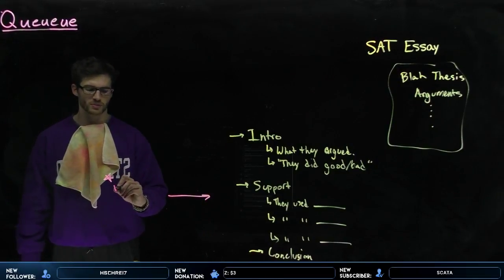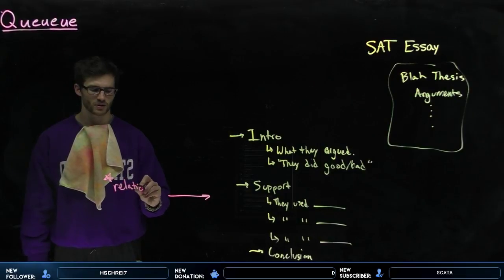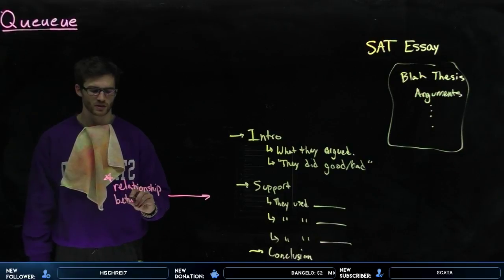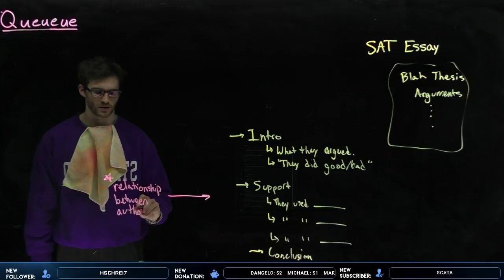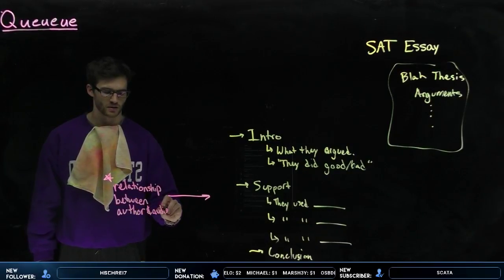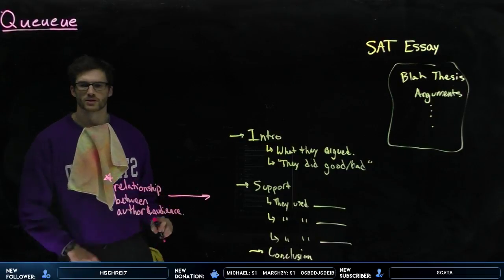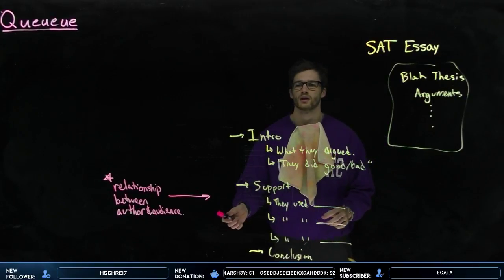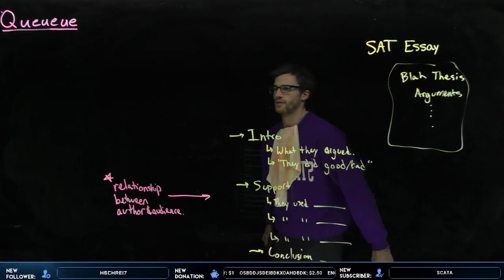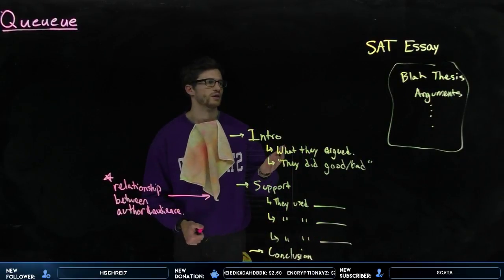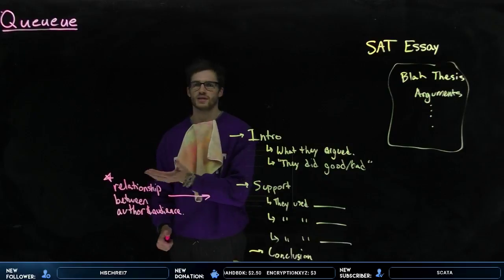So it's going to be the relationship between author and audience. This is extremely important because if you don't do this, your essay is just going to be, well, they used an alliteration. An alliteration is not a particularly effective rhetorical tool for convincing somebody of something.